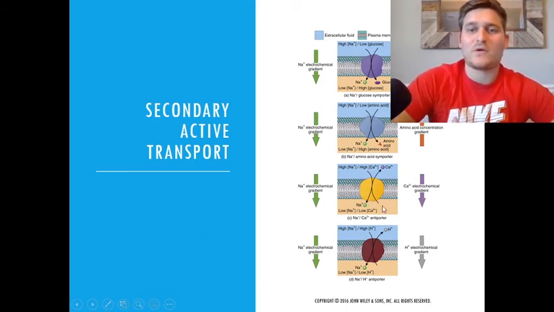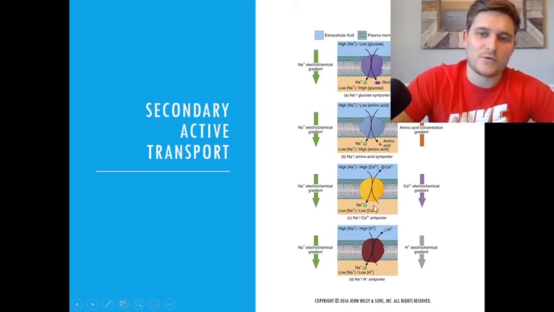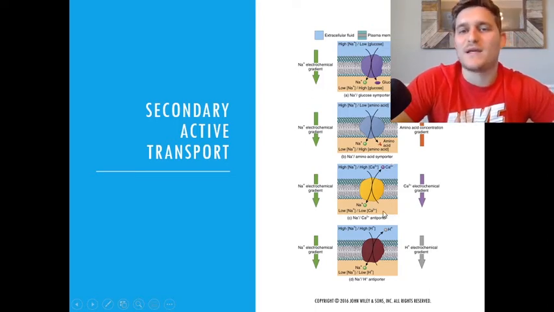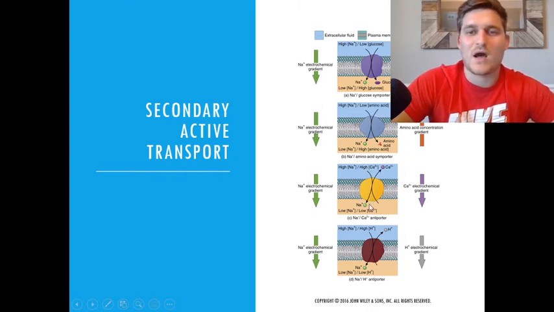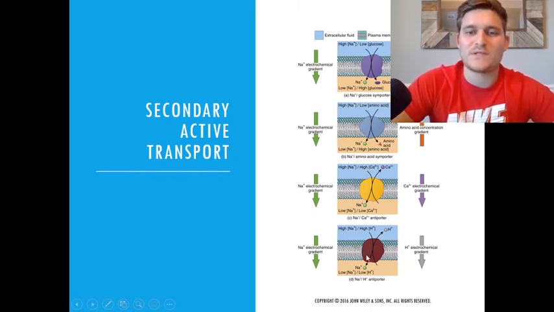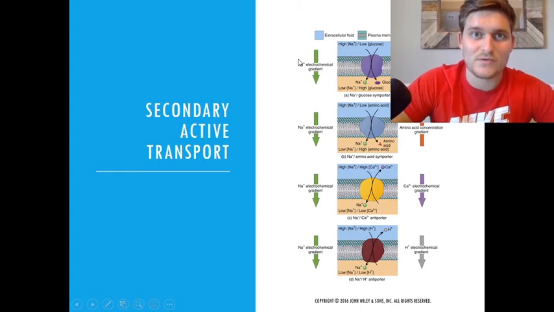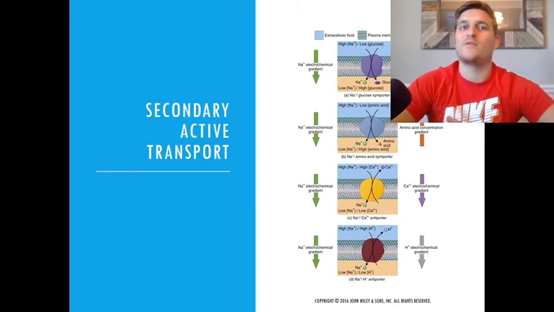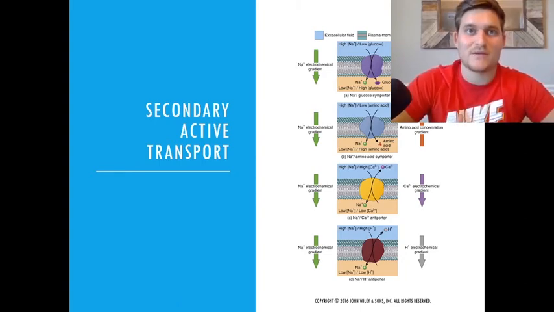However, if your ion or your molecule that you're trying to move is moving in a separate direction than the solute you are taking advantage of, that's going to be called an antiporter. And so these proteins are named either symporters or antiporters to say it is moving in the same direction as the solute that we're using, or we're moving in opposite directions as the other solute.